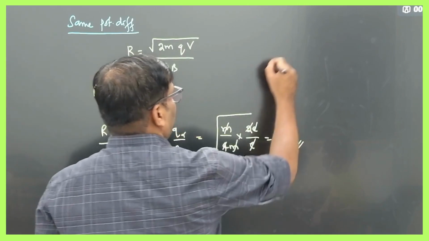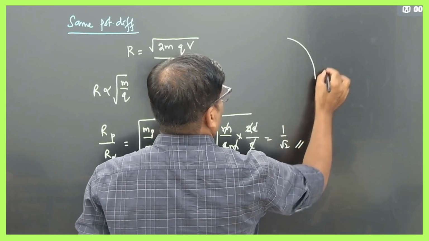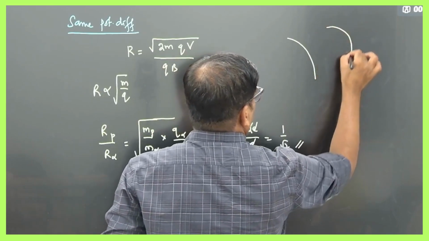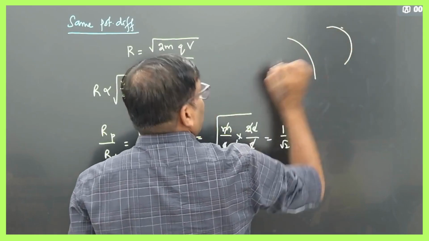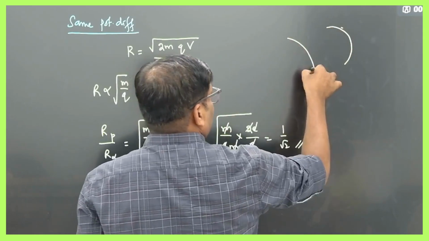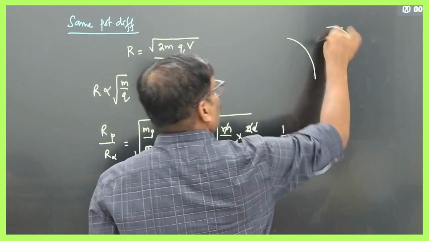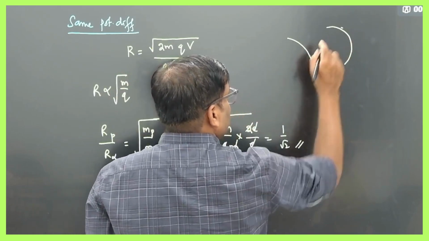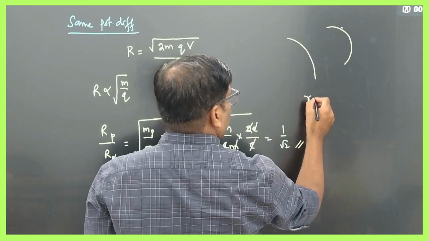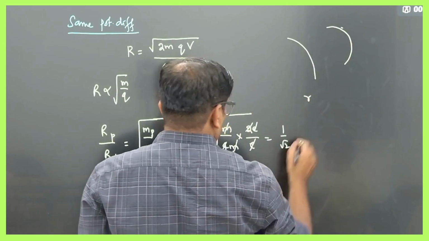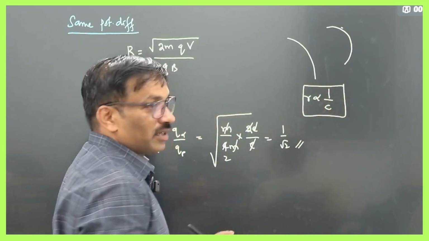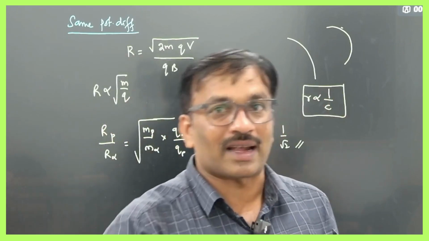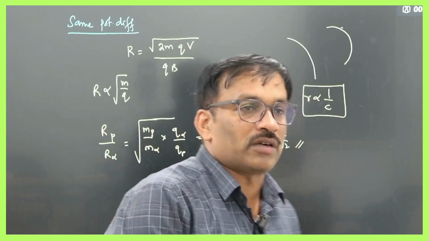If it is like this, this is having more curvature, this is having less curvature. So less curvature means radius is more, more curved means radius is less. So radius and curvature are inversely proportional. Radius is inversely proportional to the curvature.